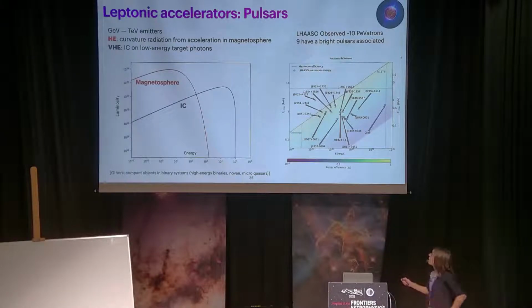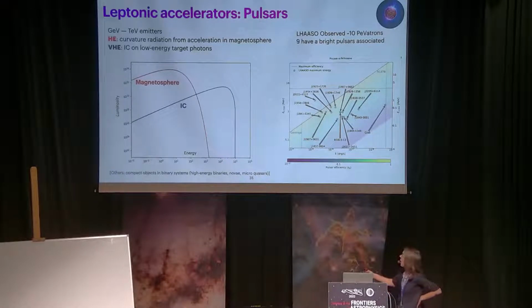They are detected from GeV to TeV, and they emit either from the prompt magnetosphere, where you have photons directly created along the magnetic field lines, or through secondary emission of inverse Compton. So you have the inverse Compton of electrons produced by the pulsars that then upscatter low energy ambient photons around the pulsars up to TeV energies.